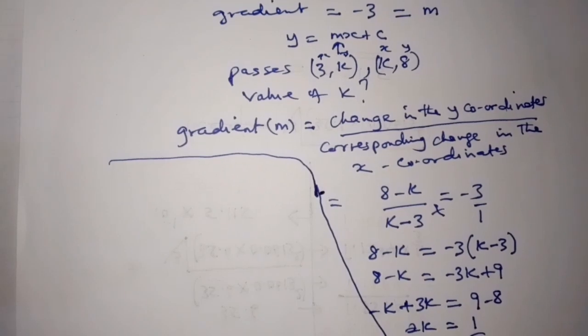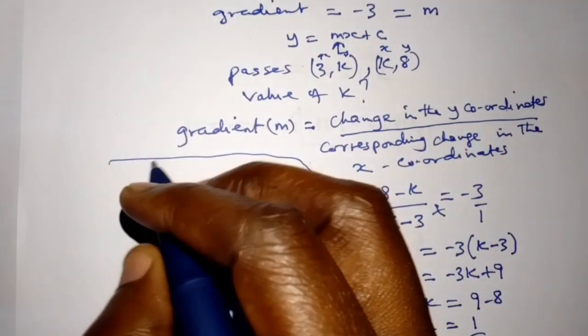So now we are asked to find the value of k and hence express the equation of the line in the form of ax plus by is equal to c, where a, b, and c are constants.